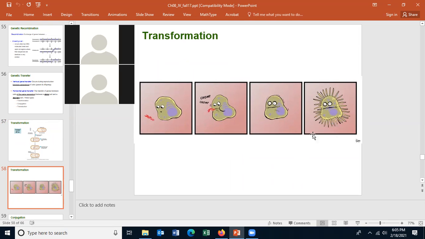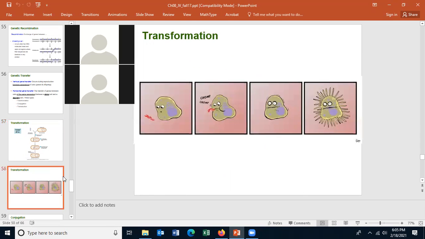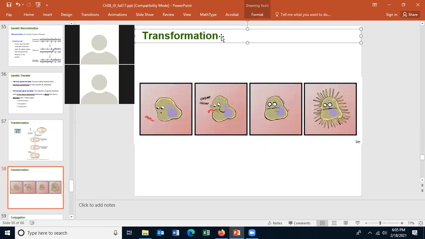Transformation is called the process of taking up naked DNA into the cell, but you can also say that the cell becomes transformed, changing its phenotype from what it was to what it will become. Okay? So transformation can be used in two ways.